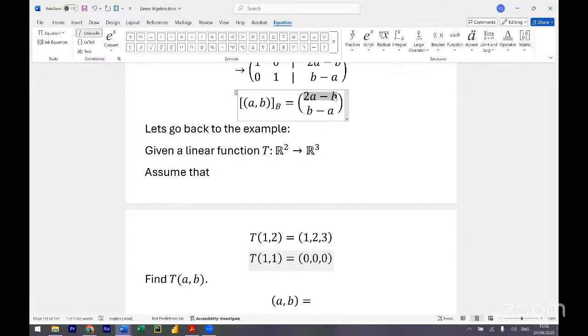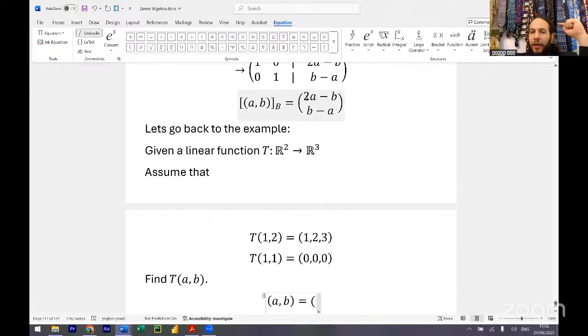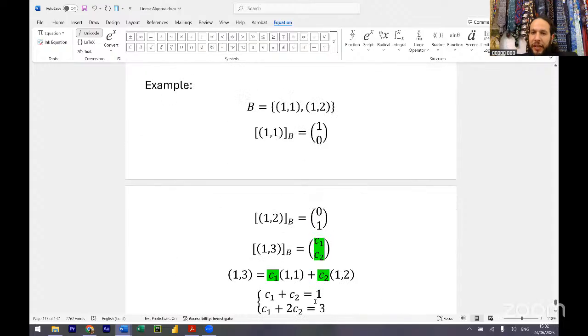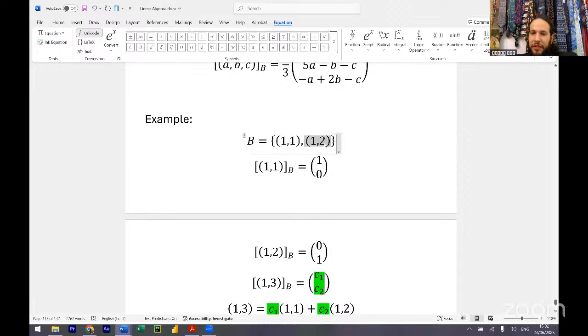The coordinate, this whole thing is C1. That's the first coefficient. So we multiply it by which vector? The first vector, right?